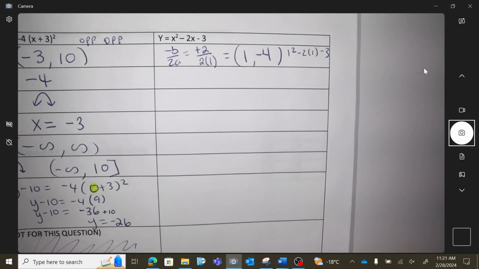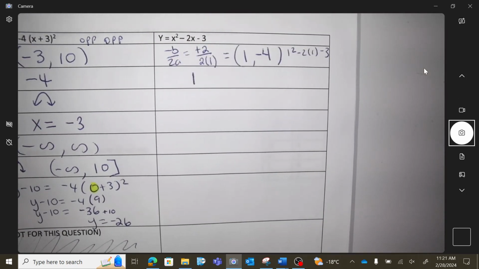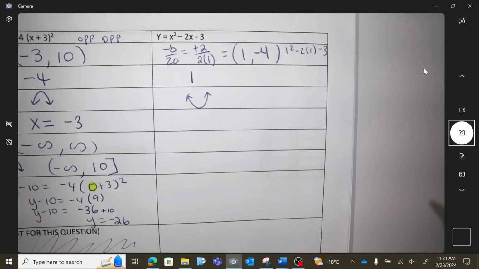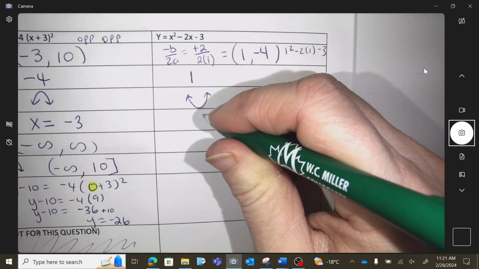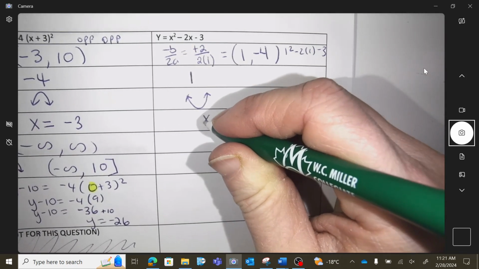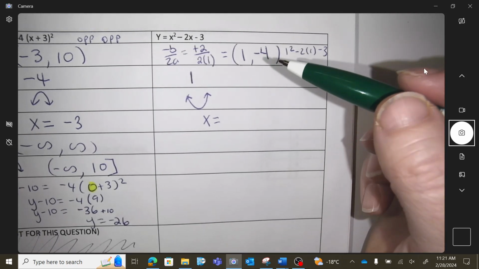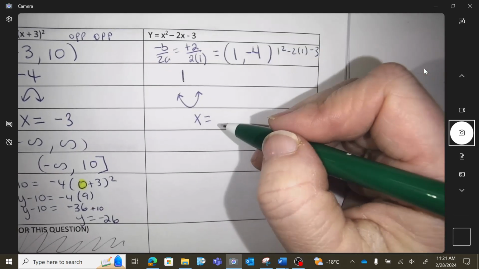Slope. What is the multiplier of the x squared part? That's what we always look for. 1. 1x squared. Which means it would open up. Axis of symmetry. Always start with x equals. And it would cut through the x value of 1.